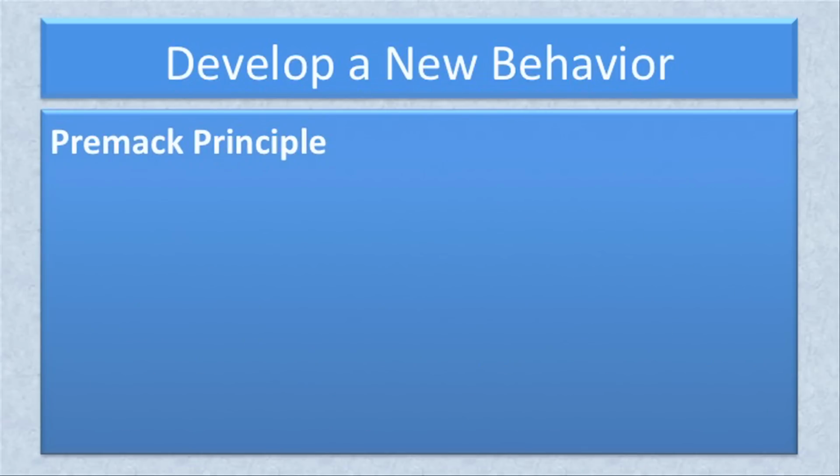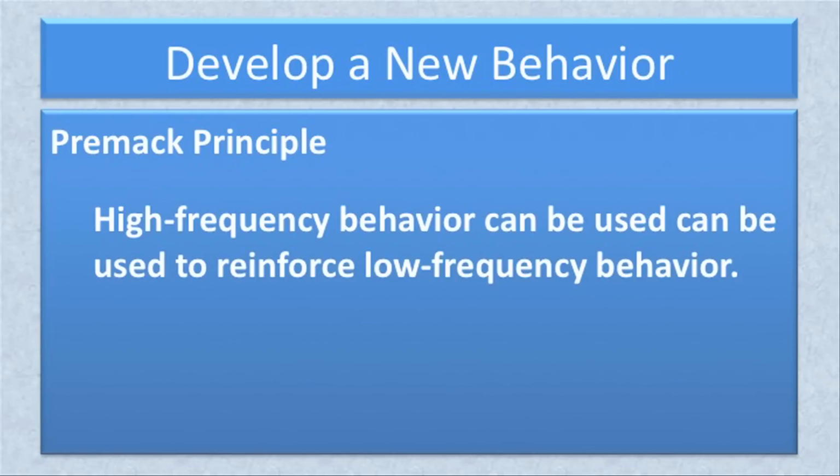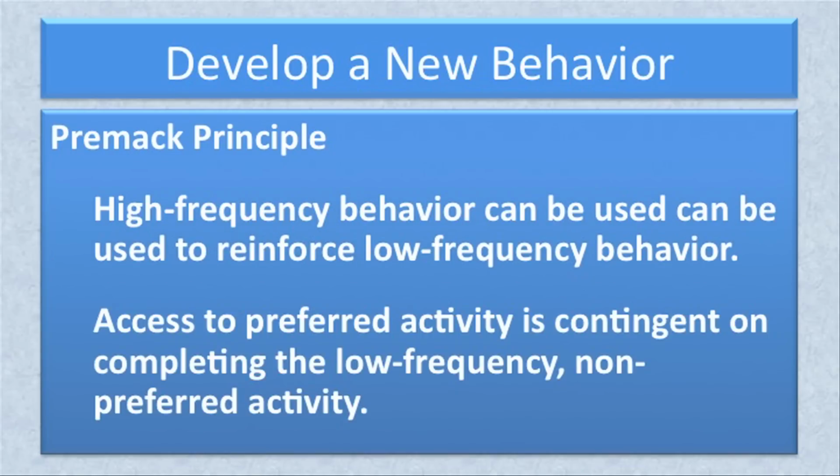Another method that can be used in developing a new behavior is called the Premack principle, after its founder, David Premack. The basic concept of the Premack principle is that a high-frequency behavior, or something the learner enjoys doing, can be used to reinforce a low-frequency behavior, or a target behavior in which you want the learner to engage, but which the learner seldom does.